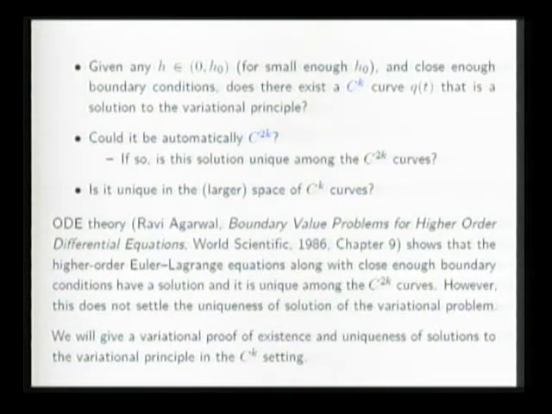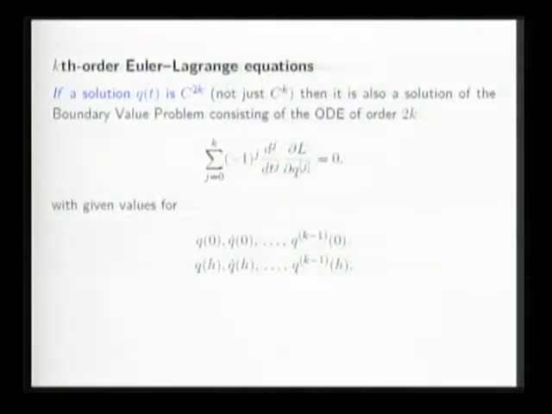Okay? So you have results in ODE theory, for example, in this book by Agarwal that I mention here. Since these higher order Euler-Lagrange equations, using the regularity of L, you can write as an explicit ODE of order 2k, at least locally.